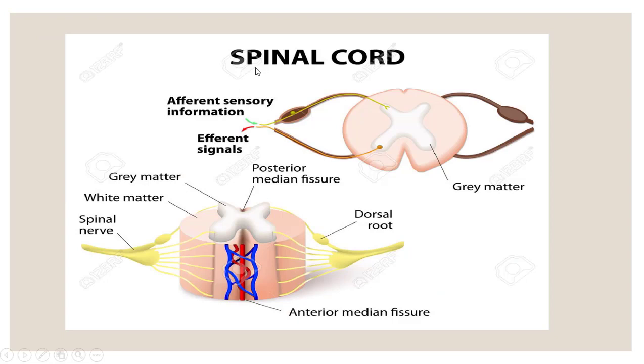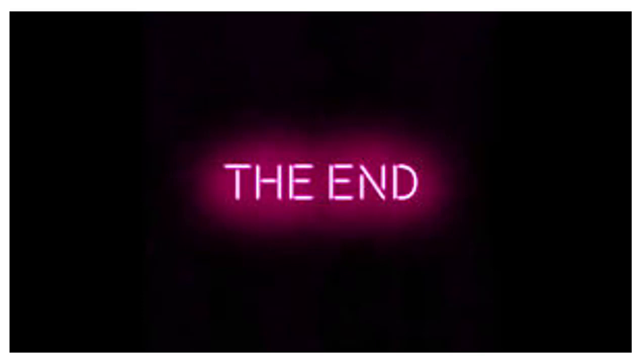Here is another picture illustrating the same parts of the spinal cord that we talked about, gray matter and white matter, and also the spinal nerves, which we will talk about in detail in our next lesson. We finished today. Thank you for watching. Bye bye.